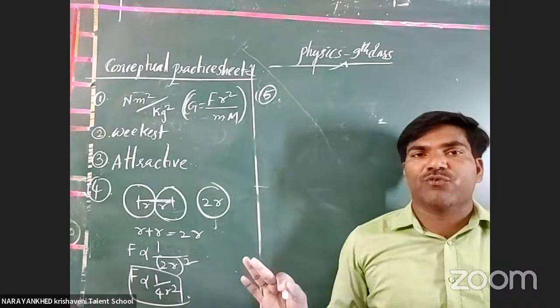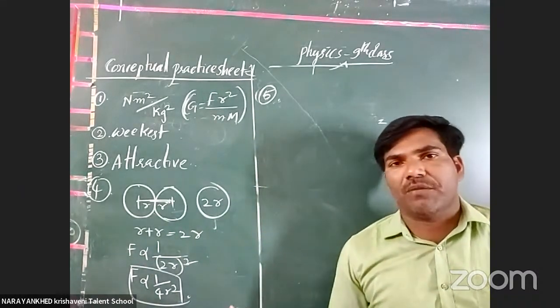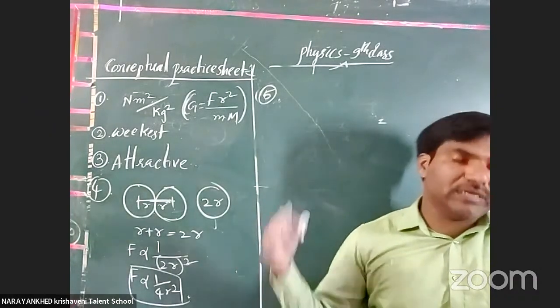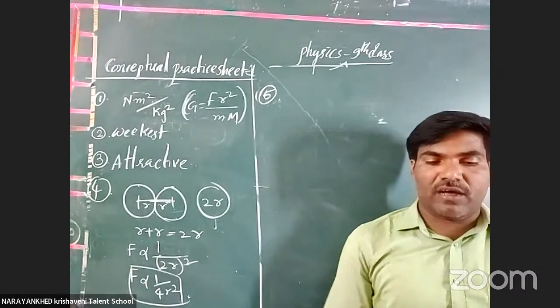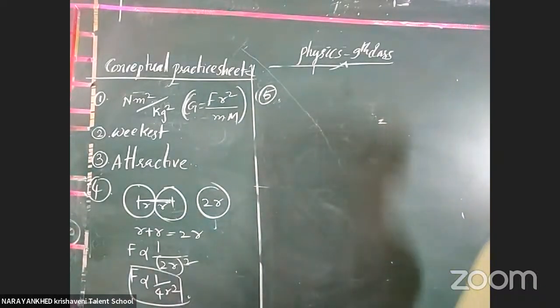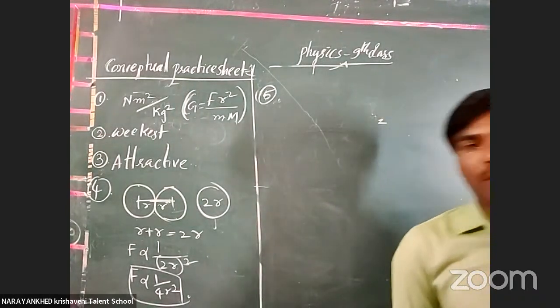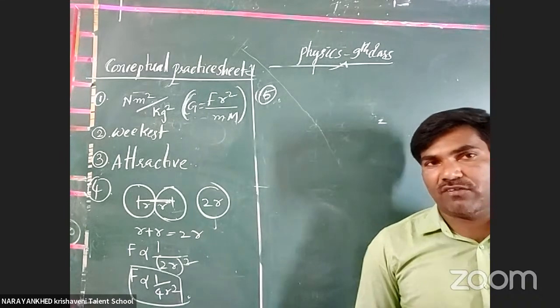It is a conservative force. It is the weakest force among all of them. And the last one, it is always attractive. There are five properties. Please note down these answers and write them in your notes: the properties and characteristics of gravitational force.